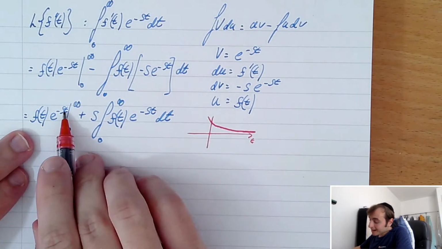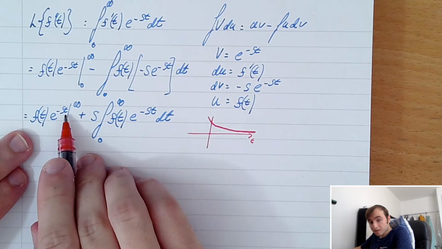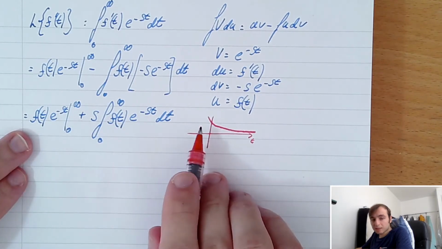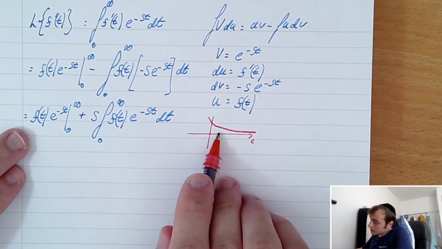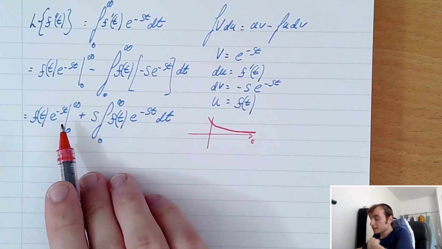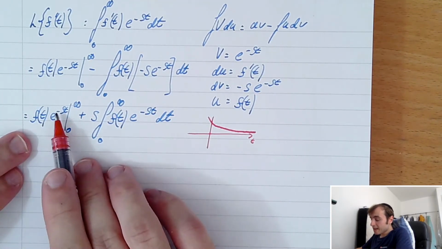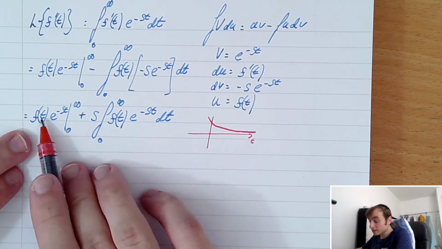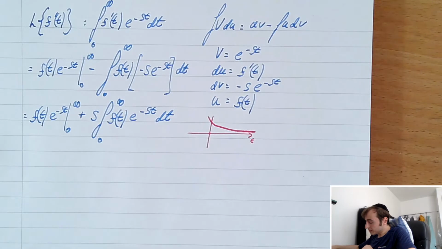Why? Because the magnitude of s is going to be sufficiently large. If it wasn't, we couldn't guarantee that the product of those two functions is going to tend to 0 as t tends to infinity. But since that's a primal condition, the primal assumption of the Laplace transform, we can assume that the product of those two functions will indeed tend to 0. So I just wanted to elaborate on that a little bit. I hope that was clear.